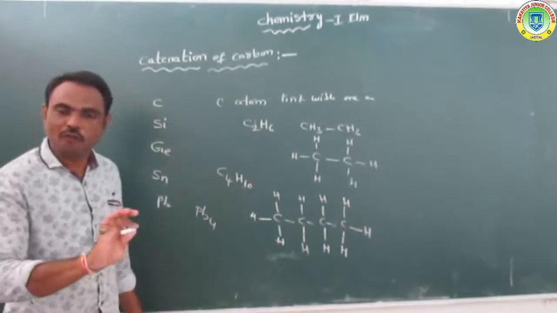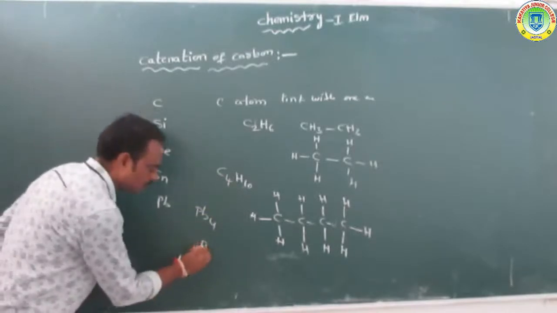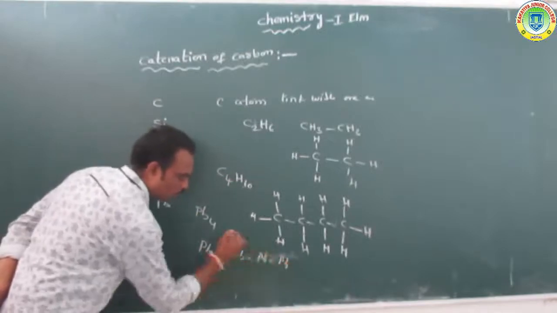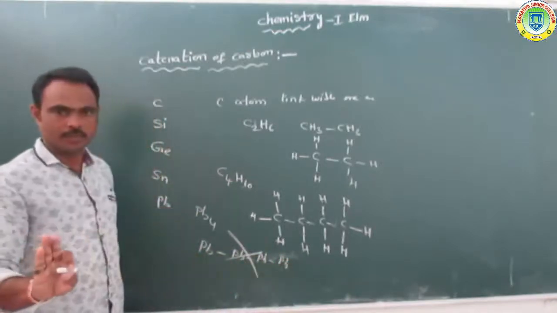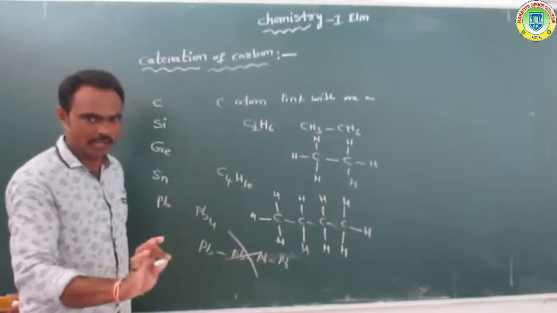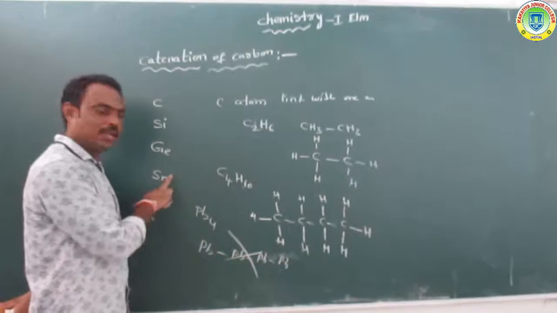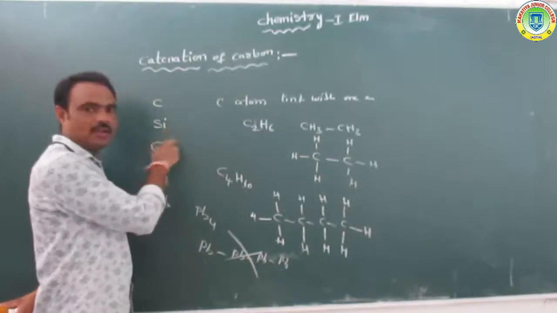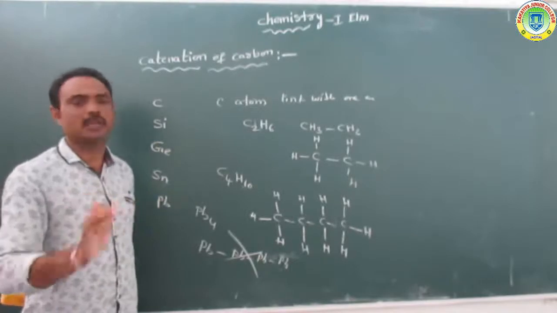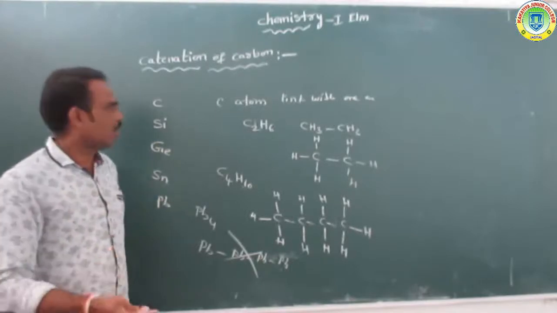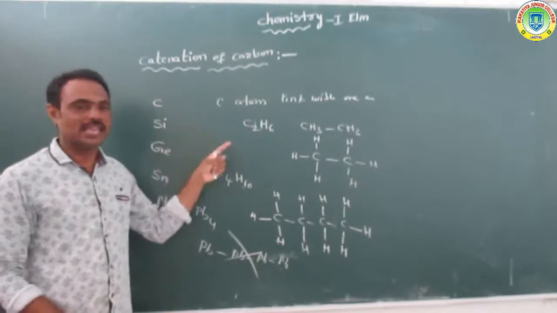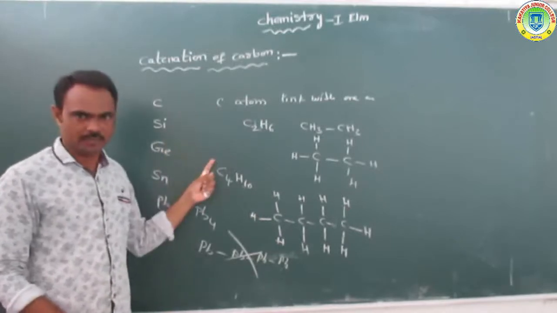It does not form a chain linkage of lead atoms. Tin, germanium and silicon also do not form chains like carbon. Only carbon forms a chain structure.